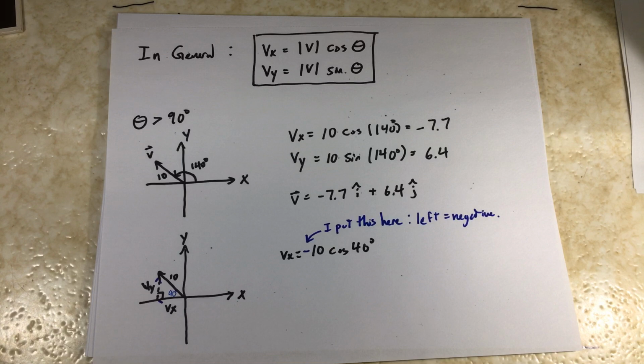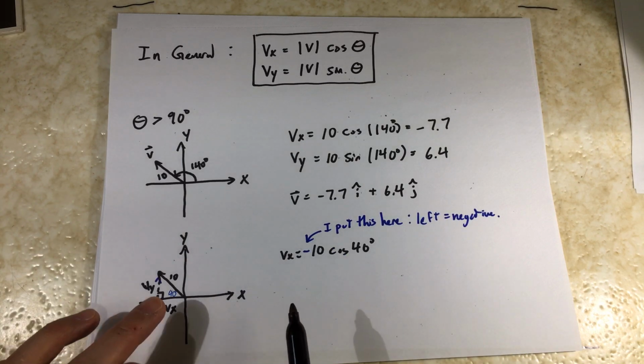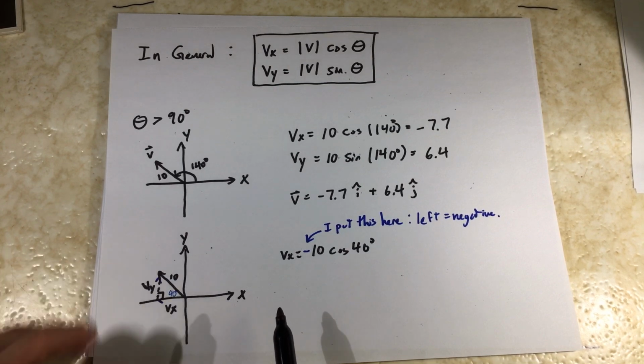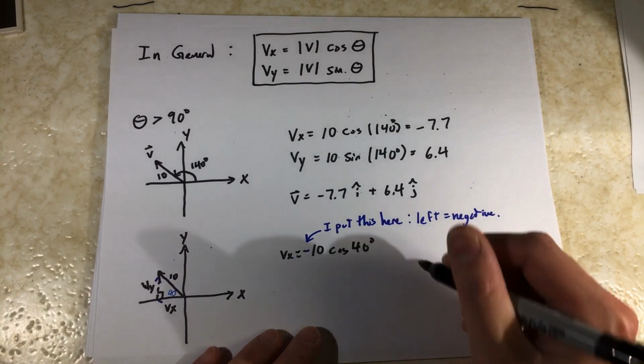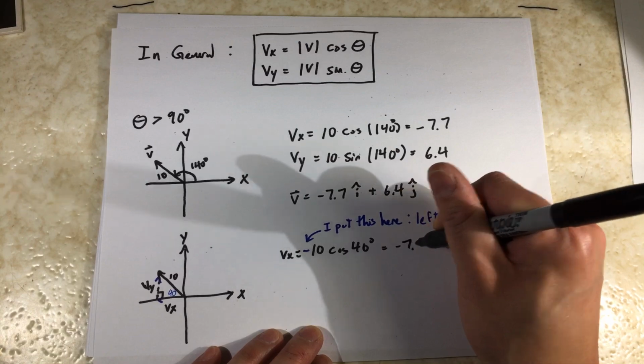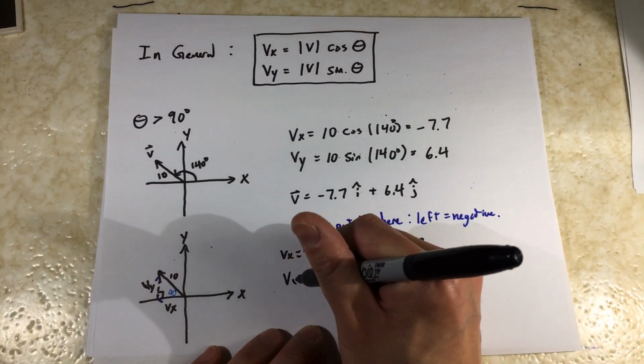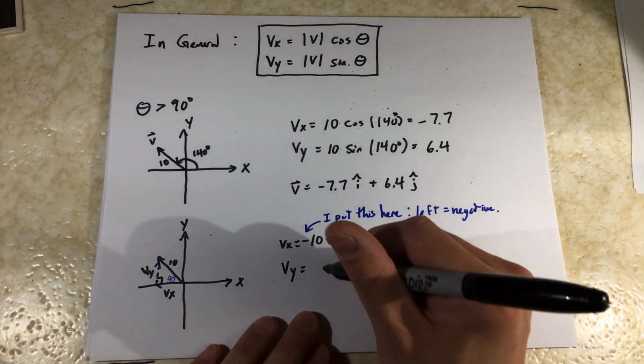So for me, I have to put it in. It's possible that I could make a mistake or something like that, but I prefer being able to see the right triangle when I do this. And so you get the same answer as negative 7.7, but I like reconstructing that triangle.